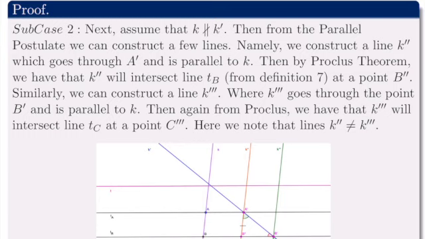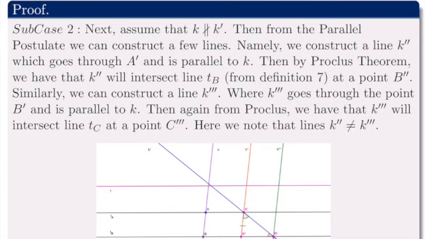Then again, by Proclus's theorem, we have that K double prime will intersect TB. Again, TB is from our Definition 7. This intersection point is going to be B double prime.